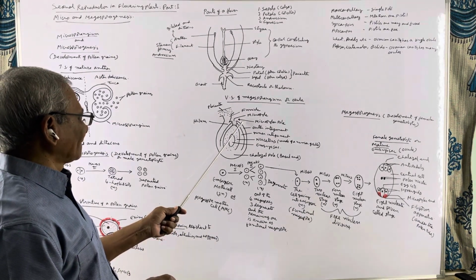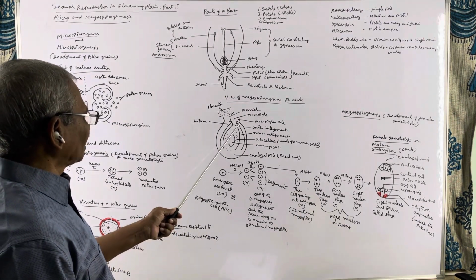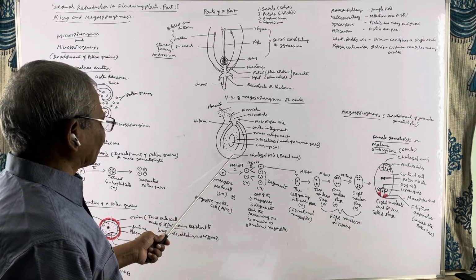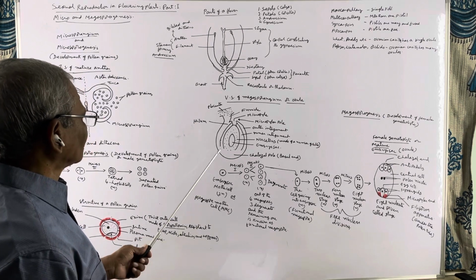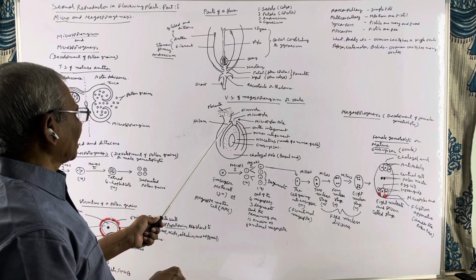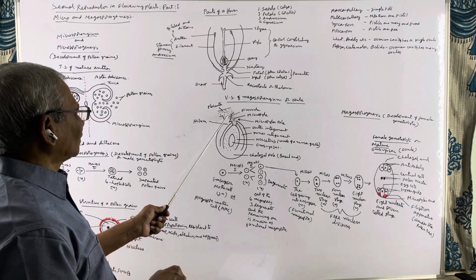The end of the ovule at the micropyle is known as the micropylar end, and its opposite end is known as chalazal end. Then the ovule is attached to the placenta through hilum and funicle.